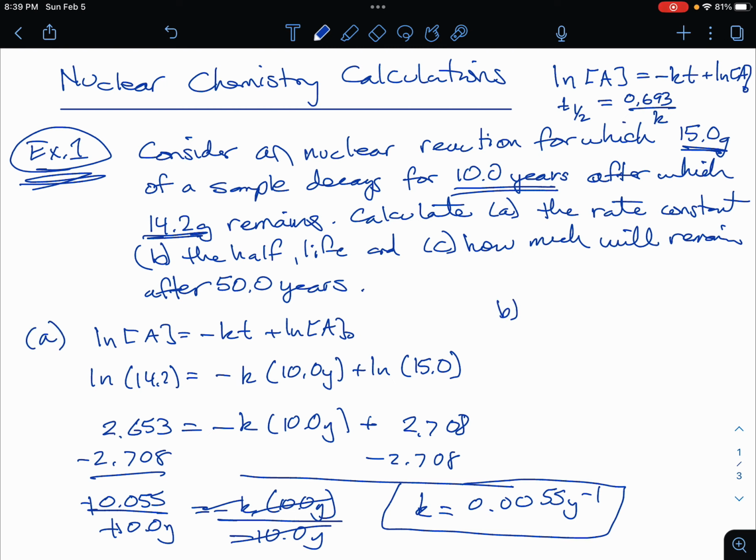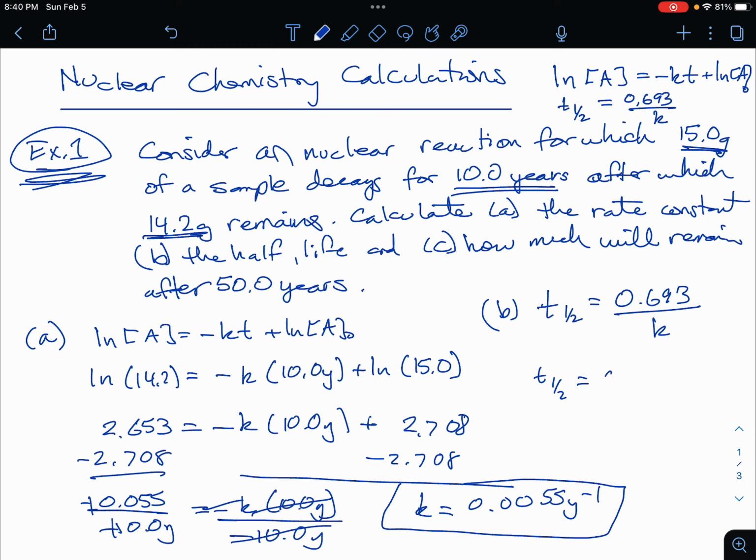Part B, I'm just going to squeeze in right here. We're going to do the T1/2 calculation. The T1/2 is equal to 0.693 over k. 0.693, by the way, is just natural log of 2. That's where that number comes from in case you're interested.